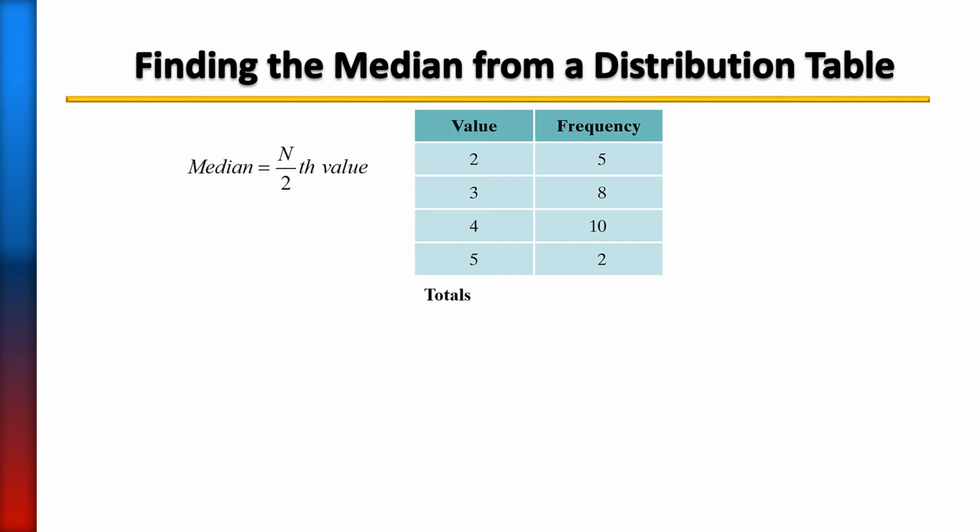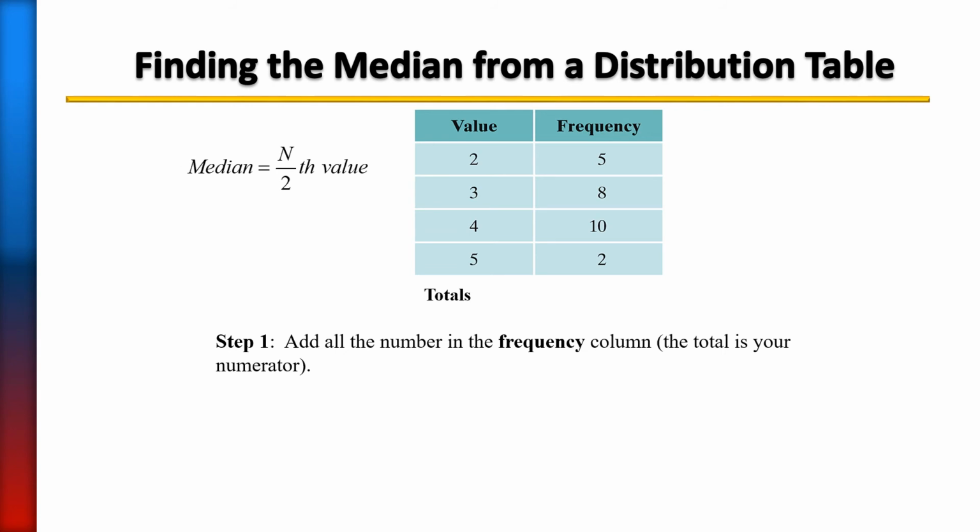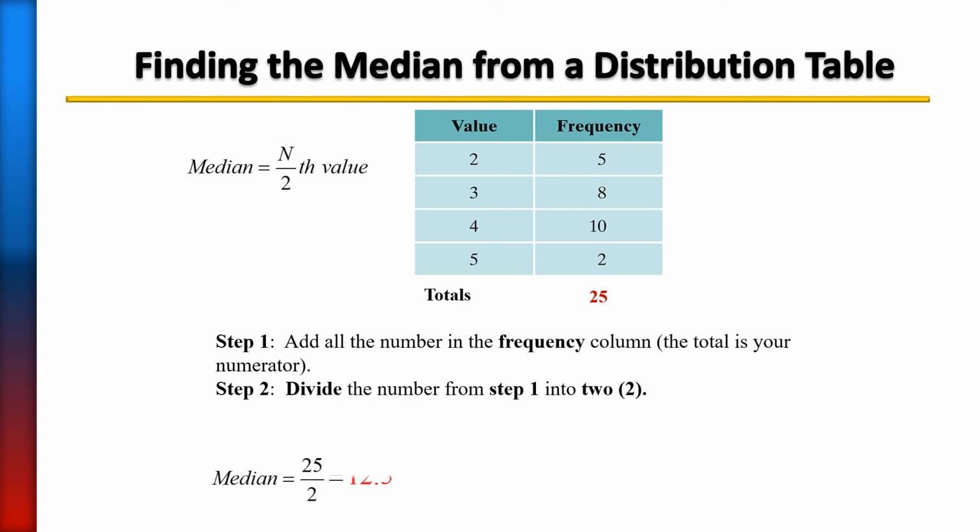So let's go ahead and add up our frequency column. Recall that was 25. So we have 25 divided by 2, and 25 divided by 2 gives us 12.5.